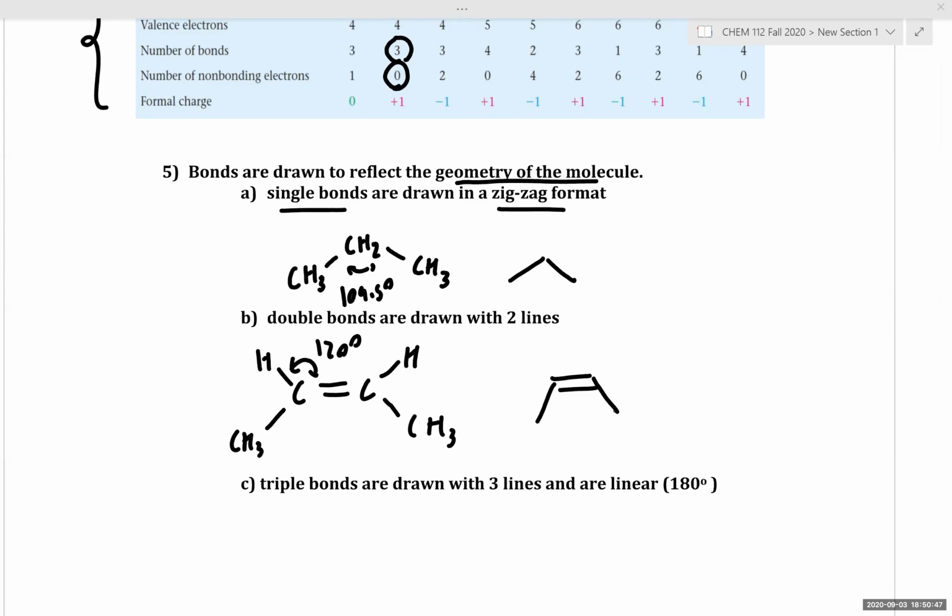So we draw our double bond with 2 lines. This is our double bond, otherwise known as an alkene. And as we notice, when we draw a double bond, the geometry of our double bond is represented in our line structure. Does that make sense to everyone?